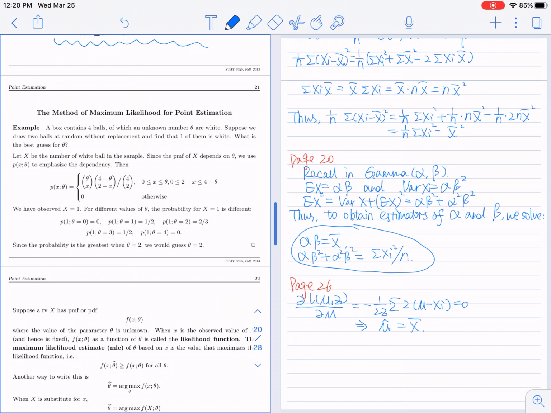You can have some time to read through the example. This example is a hypergeometric example. First we write down the PMF of the random variable. And we observe that x is equal to 1.